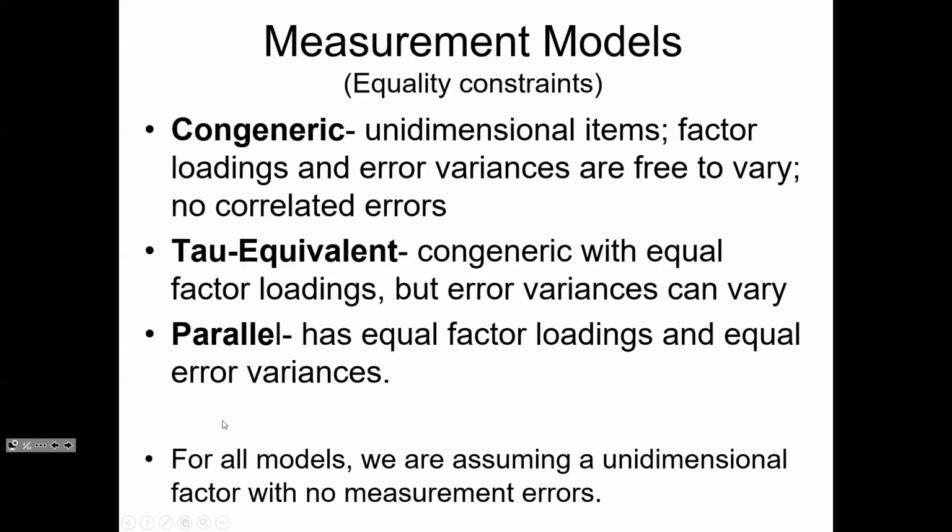Now, anybody who's run a factor analysis and looked at the results has probably seen some items have higher factor loadings than others, right? So not all items are equally well predicted by the factor. Say you've got an item with a loading of 0.4 and an item with a loading of 0.8. Obviously, the item with the loading of 0.8 is much more strongly related to the factor than the item with the loading of 0.4.